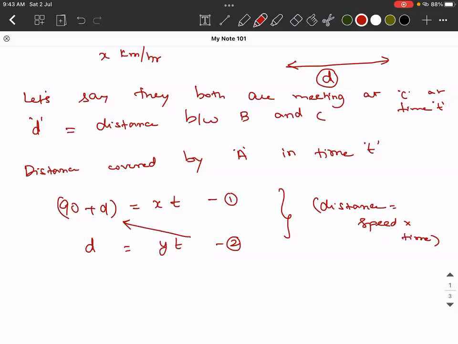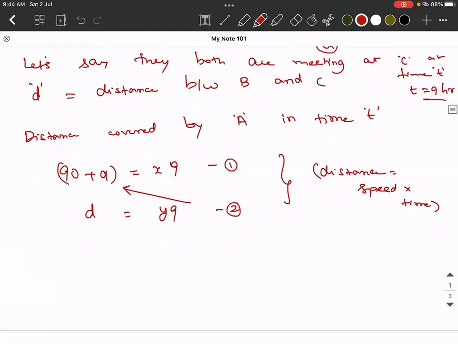Did they say what time they are meeting? They are not meeting after 9 hours? No. So what we can do is T is 9. Here also T is 9. At time T, T is equal to 9 hours. So I'll take this d and substitute it here.